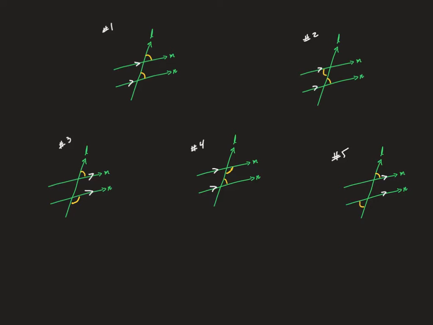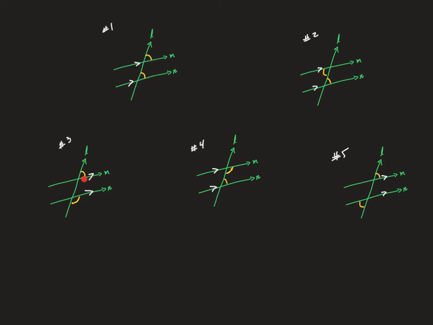We can see the angles identified, hopefully you were looking at these, and you are telling me that these are going to be corresponding angles because they're in the same orientation to the transversal and the parallel lines. So corresponding. 2, these are going to be on opposite sides and they are going to be inside the parallels. So those are alternate interior angles.